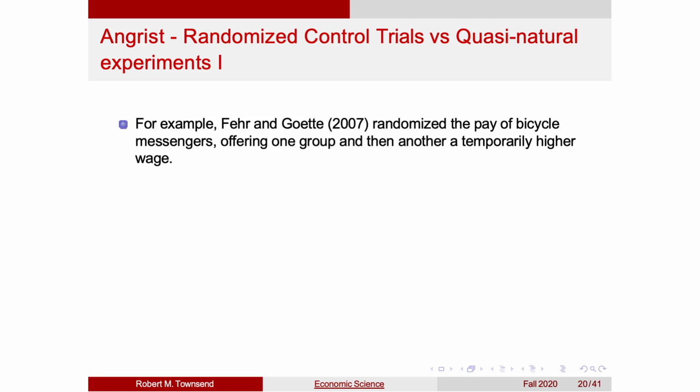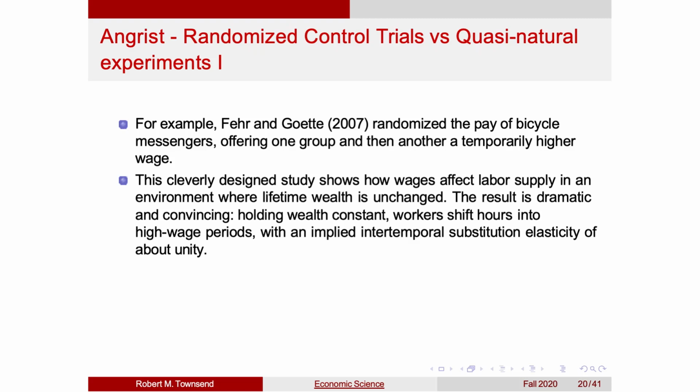And then you compare across the two groups. The study showed that the increase in wages did make people work harder. And because it was temporary, it didn't really change lifetime wealth. So one is able to sort out the impact of income changes as opposed to wealth changes. Or in the jargon you'll learn, we can identify the intertemporal elasticity of substitution and its magnitude.